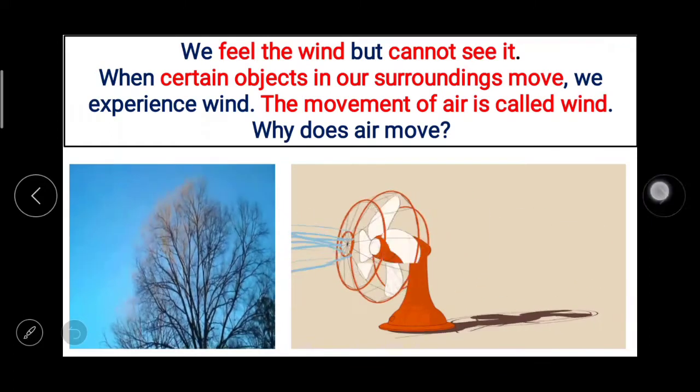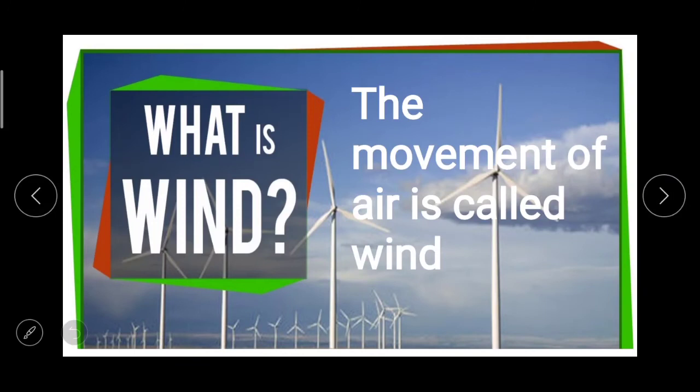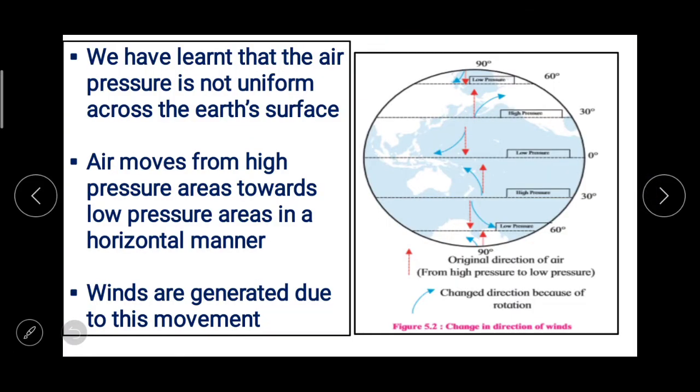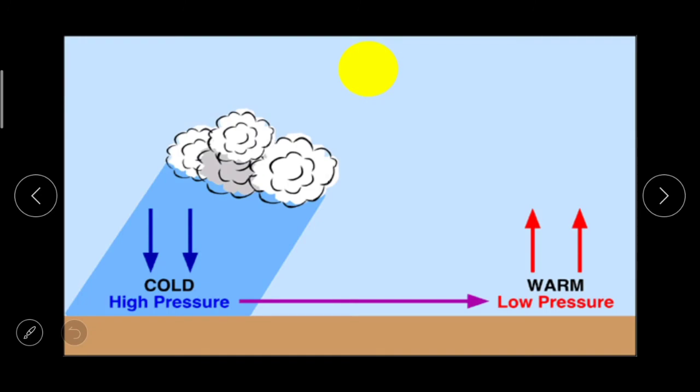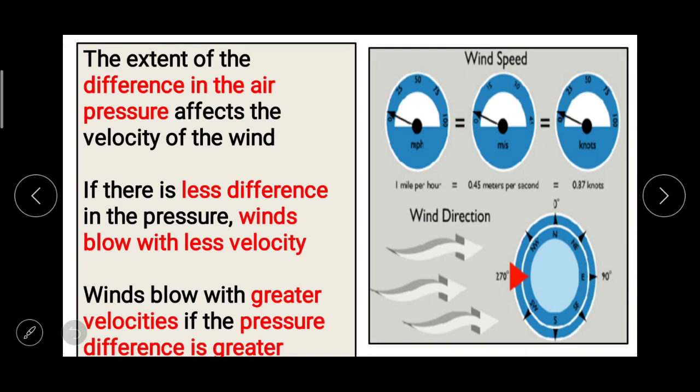We discussed the definition or the concept of wind, and changes in direction of winds, and by the figures you understood how winds blow from high pressure to low pressure.